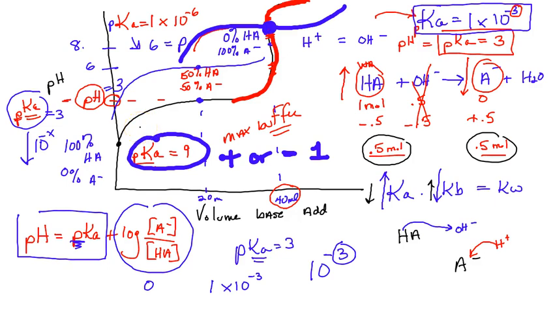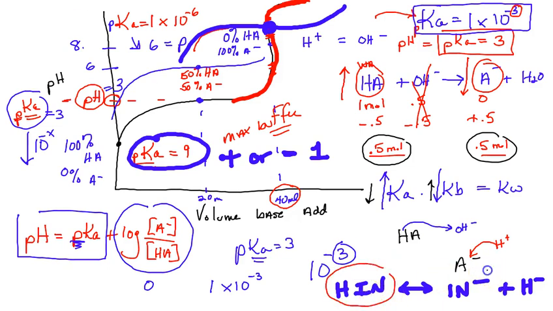And indicators sometimes are written like this: H of an indicator is also an acid-base equilibrium with its conjugate base, the indicator negative, plus the H plus. They change color in the presence of an acid scenario or a base scenario. So they're really acid-base pairs, so they have Kas.